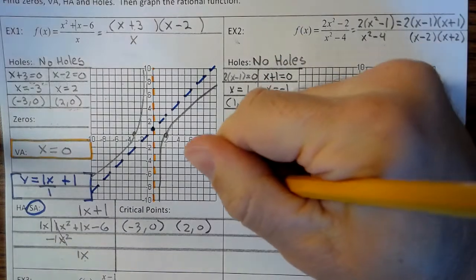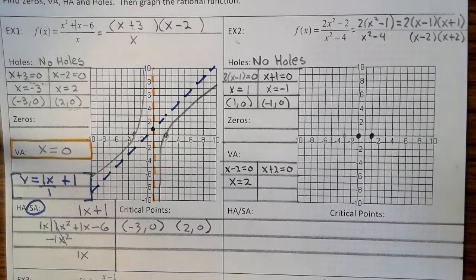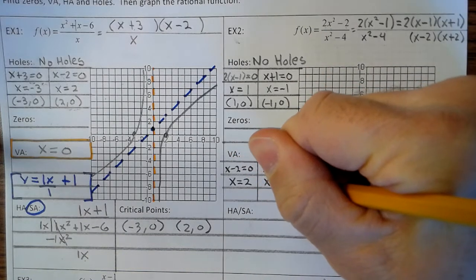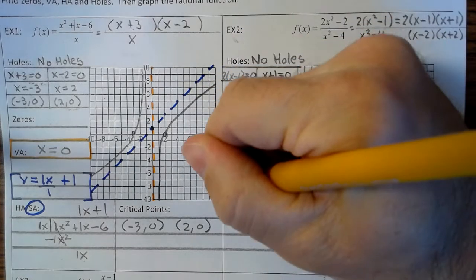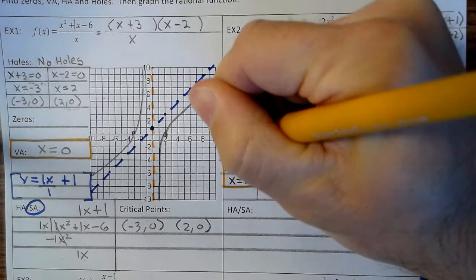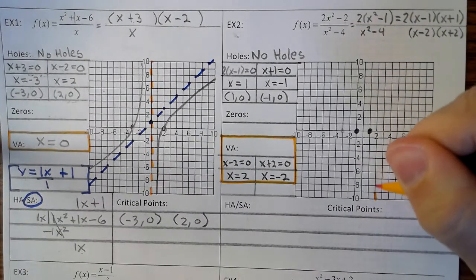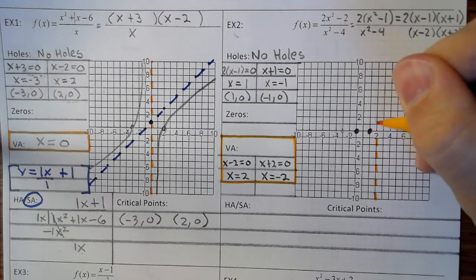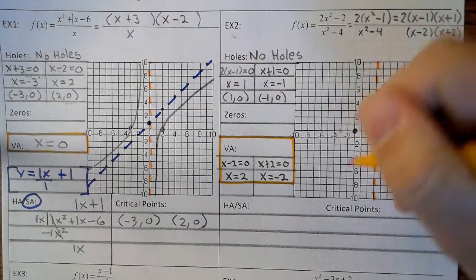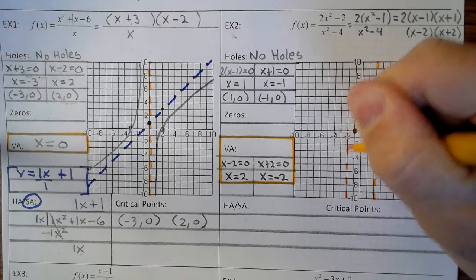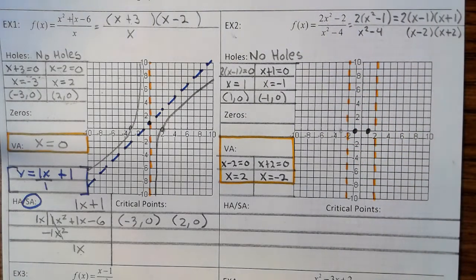So we add 2 to both sides. x equals 2 is one of your vertical asymptotes, and x equals -2 is your other vertical asymptote. So x equals 2, and x equals -2.